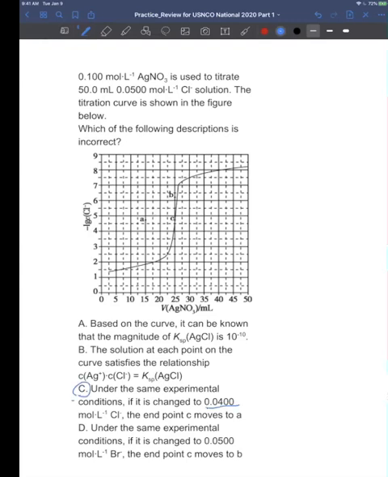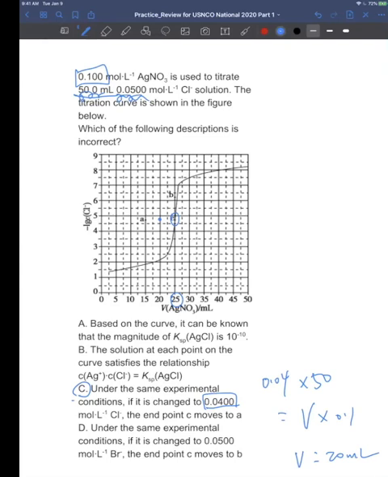Have a look. 50 mL of 0.05 will give you an endpoint here, 25. Makes sense, right? Because 25 milliliters multiplied by 0.1 equals 50 multiplied by 0.05. And here, 0.04 multiplied by 50 equals volume times concentration, right? So as you can see, the volume should be 20 milliliters, which means the new endpoint is supposed to be here.